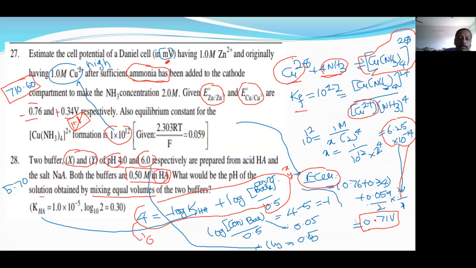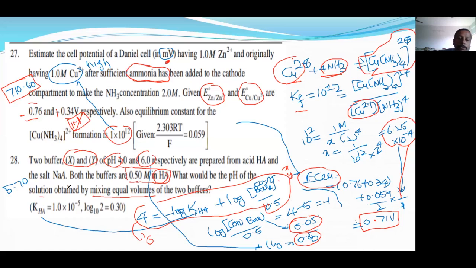When pH is 6, the conjugate base concentration is 0.5. The conjugate base in the first one is 0.05.